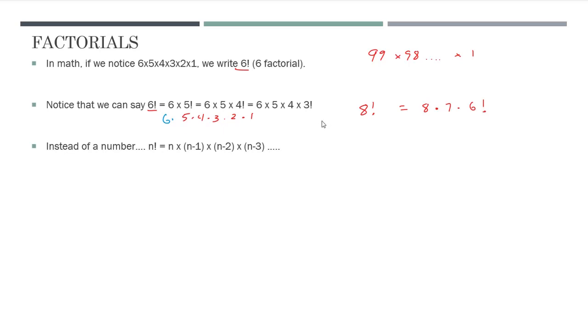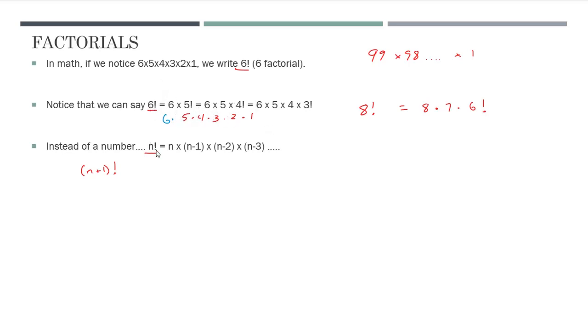Now, the diploma has conceptual questions, so you're going to get something like n factorial or even n plus 1 factorial and be expected to simplify that as much as possible. If we compare n factorial and 6 factorial, 6 is going down by 1 each time we're multiplying.